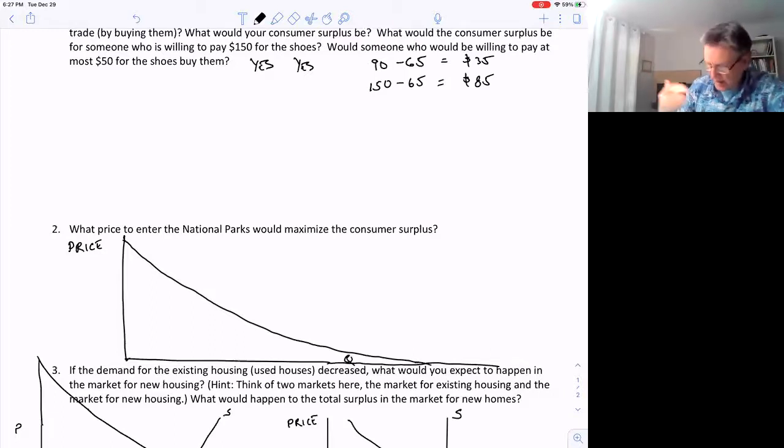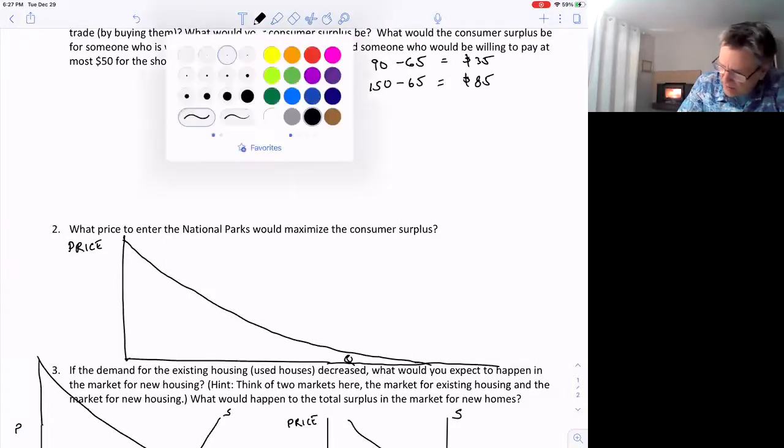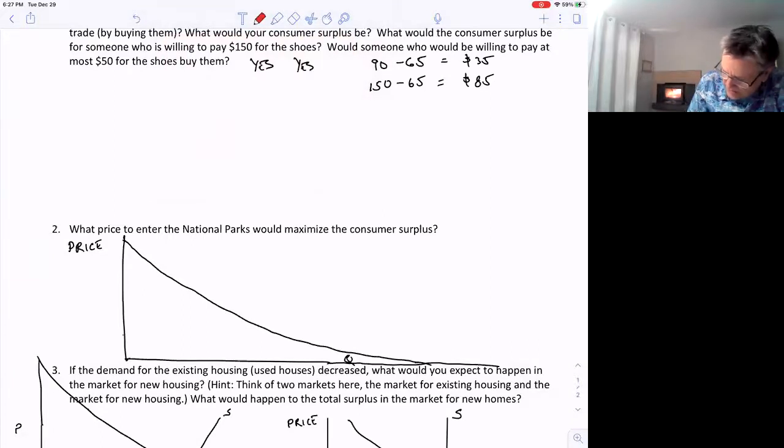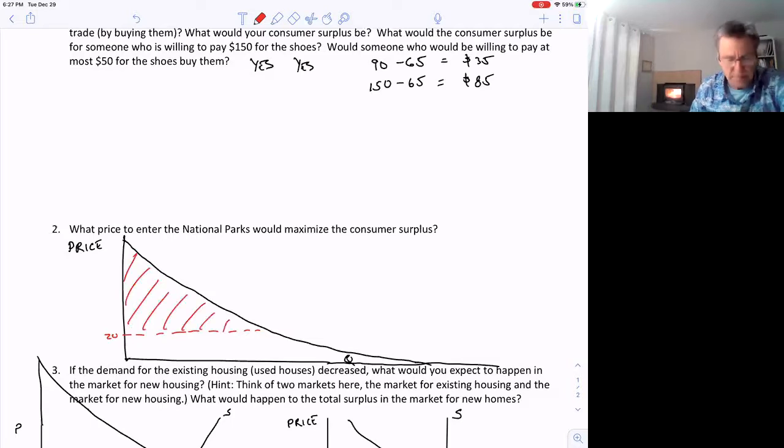The consumer surplus is the area here, the difference between the price that people are willing to pay and the actual price of the product. So if the price to enter the national parks was down here at say $20, the consumer surplus would be this area.